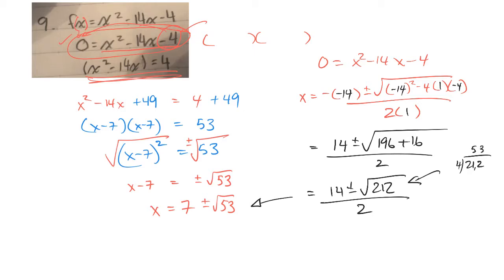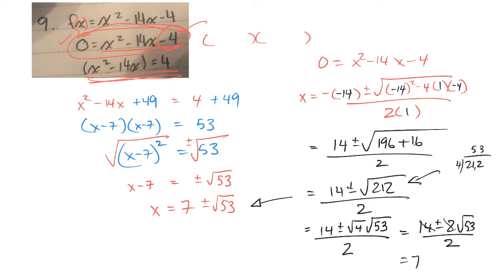So this will be 14 plus or minus the square root of 4 times the square root of 53 all over 2. Or 14 plus or minus 2 root 53 over 2. Then I can divide 2 into both the 14 up here and this 2. So my answer would be 7 plus or minus 1 root 53. Okay, same answers there.